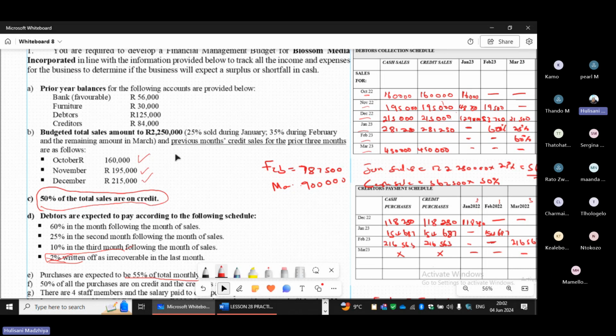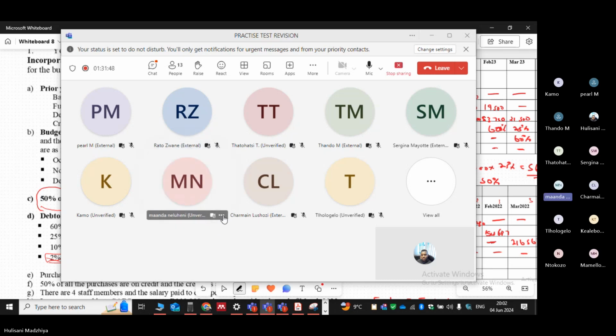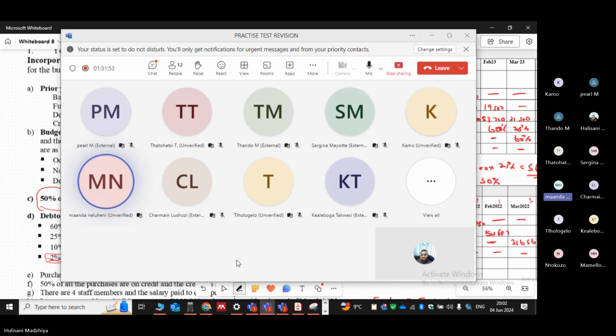That is the only thing that is highly important on the cash budget.